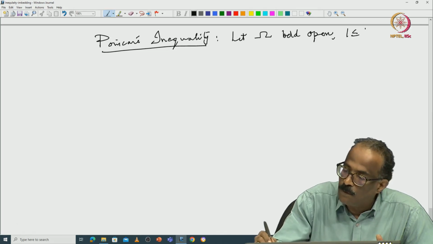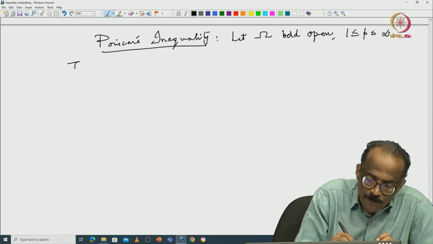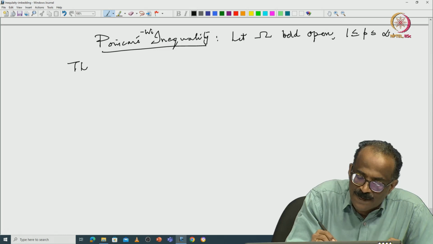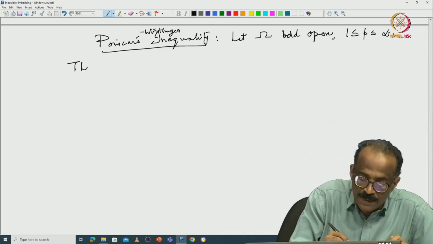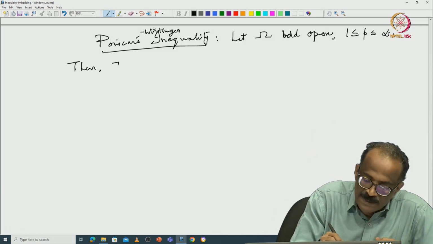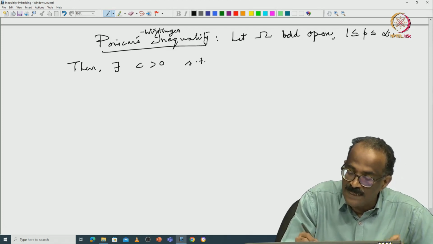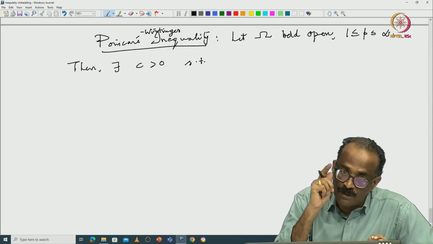Let 1 less than or equal to p less than infinity. This is the Poincare-Wirtinger inequality. Then there exists C positive such that, as I said, the only troubling terms in H1 are the constant terms.